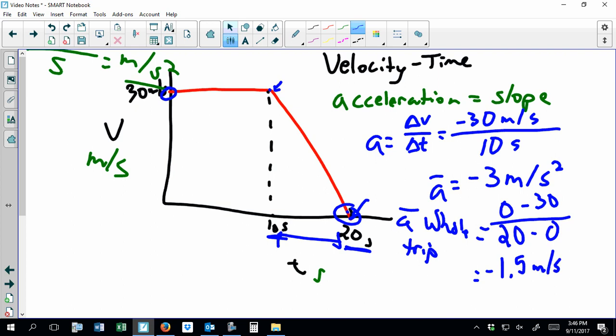And you'll notice from the last video that we got these same numbers, but here they mean different things. Whereas those were our average velocities from the previous graph, these are average accelerations here with our velocity time graph.